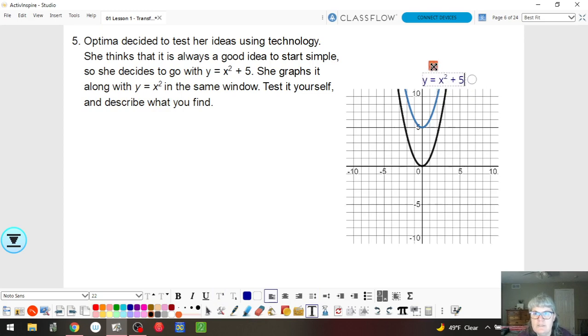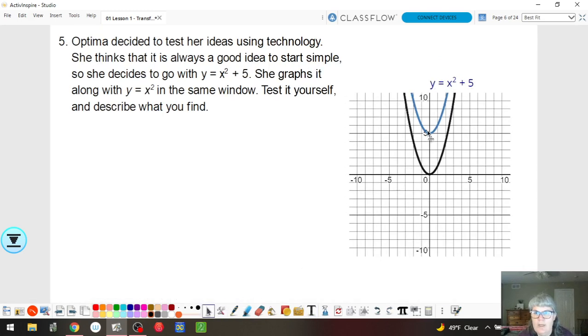So how is it different from the original y equals x squared? Students pointed out, well, that some called it the starting point, some called it the vertex. The correct name for this point is that it is 5 units above y equals x squared. So let's take a look at a couple of others.